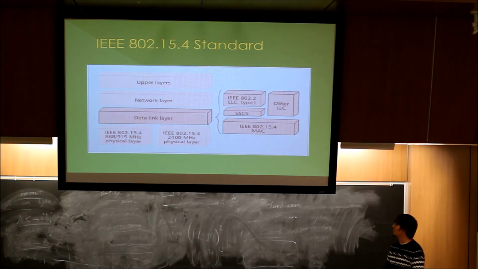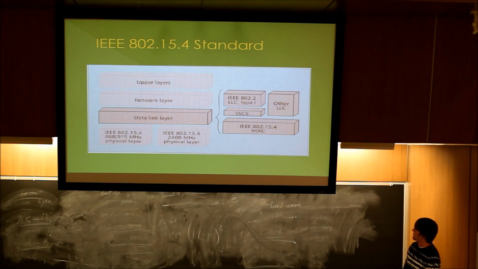Here's a little graphic that shows you where 802.15.4 fits in with the OSI or any other networking model. Inside the data link layer, it just has access to the MAC and some parts of the link control. And then of course the physical layer there at the bottom with the two different options I just mentioned.